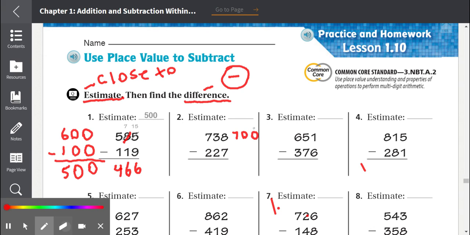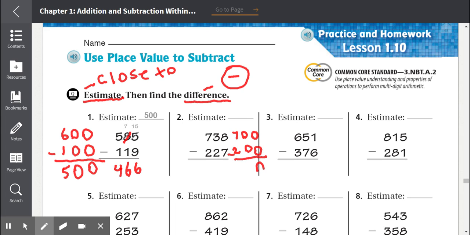Now 227. 227 is between 200 and 300, but it is closer to 200. We subtract. Start with the ones place. 0 minus 0 is 0. 0 minus 0 is 0. 7 minus 2 is 5. Our estimate is 500, so our answer should not be far from 500.